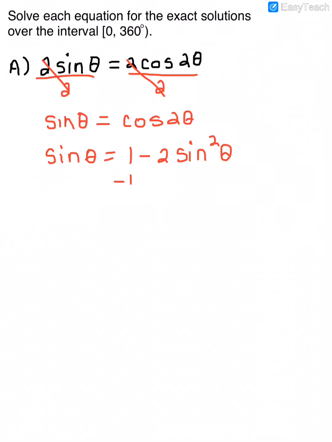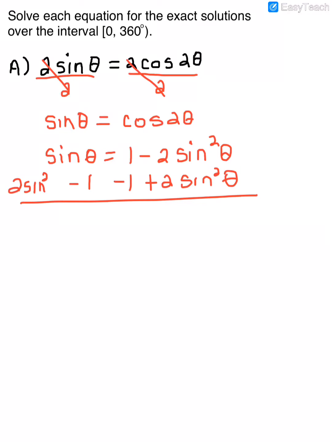So I'm going to subtract 1 from both sides and add 2 sine squared theta to both sides. Okay, so that gives me 2 sine squared theta plus sine of theta minus 1 equals 0.